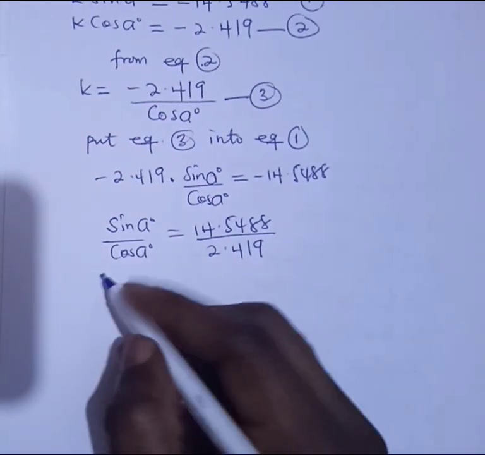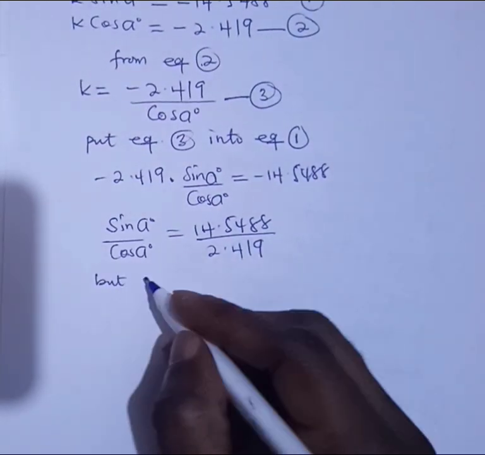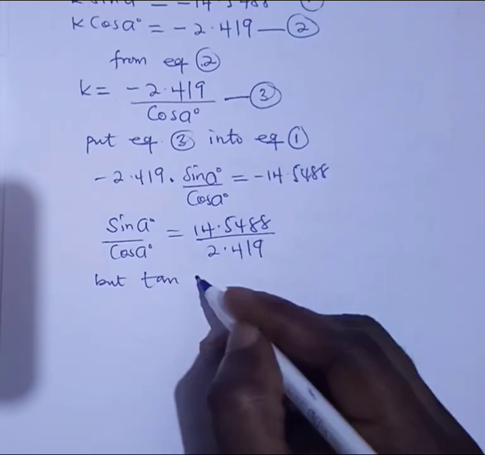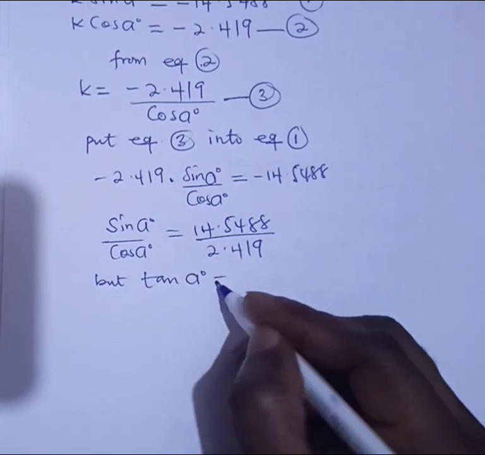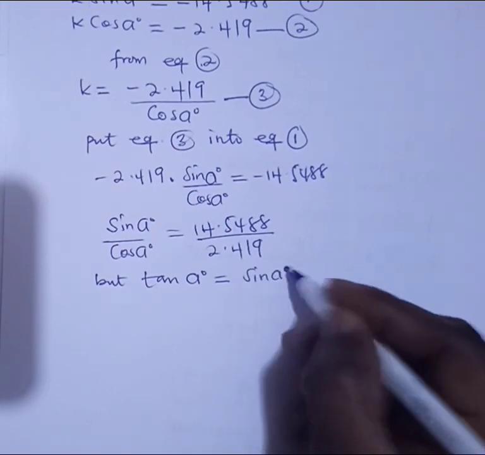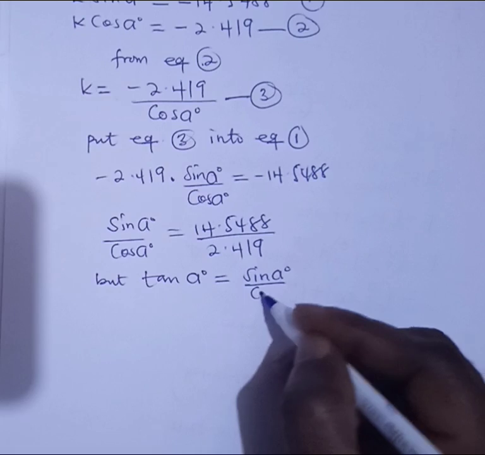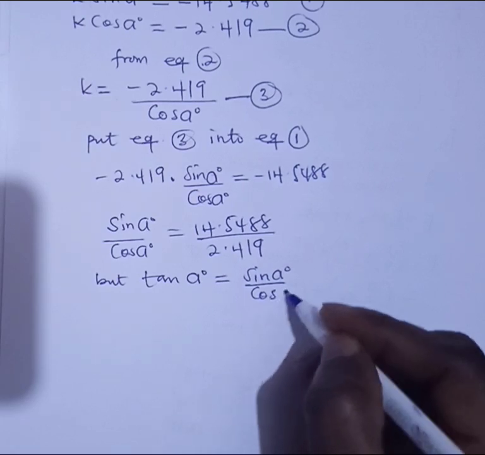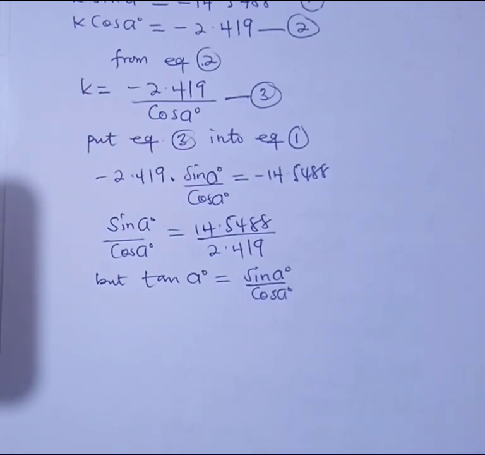But note that tan a degrees is the same as sine a degrees over cos a degrees. So this is one of the trig identities.